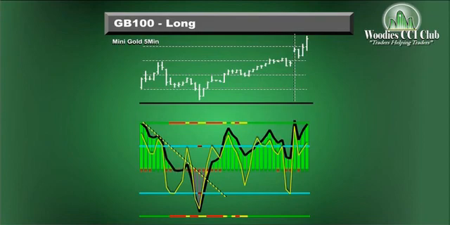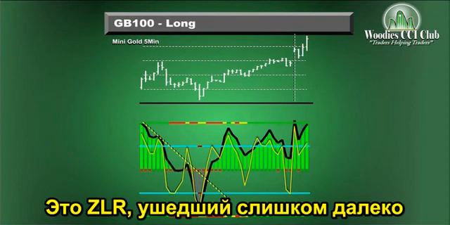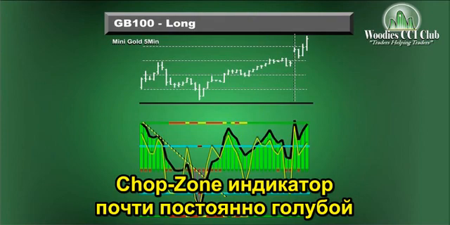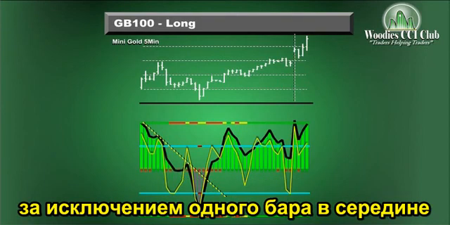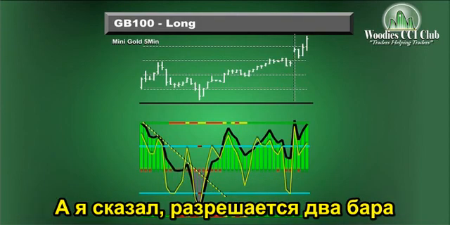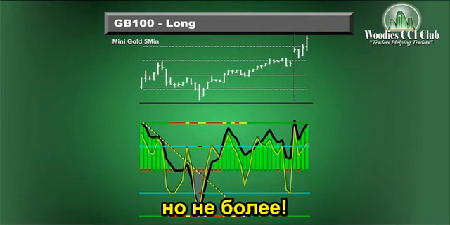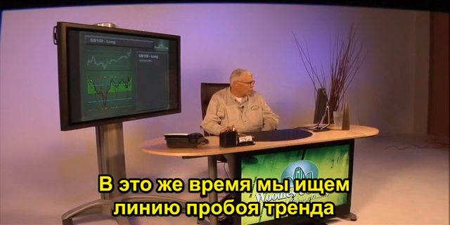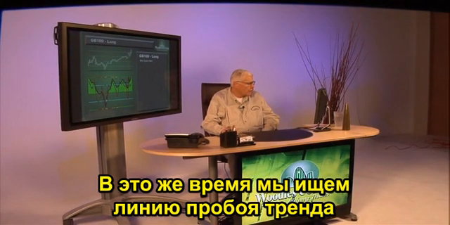That is the zero line reject that just went too far. But you'll notice on the GB100 the chop zone indicator is almost solid blue except for one bar in the middle, and I said I'll allow 2 bars but no more, because we want a trend continuation pattern. So we look for a trend line break at the same time.